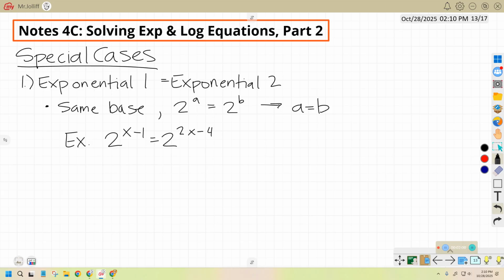I can't isolate the exponentials because there's more than one. I have an exponential equal to an exponential. I recognize that the bases are equal, which means the exponents should also be equal. So 2 to the something equals 2 to the something. Those somethings must be the same.